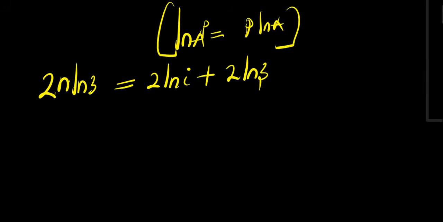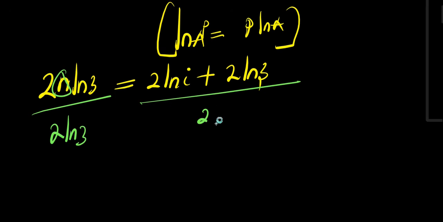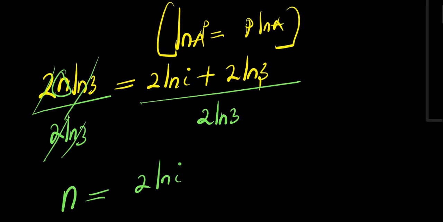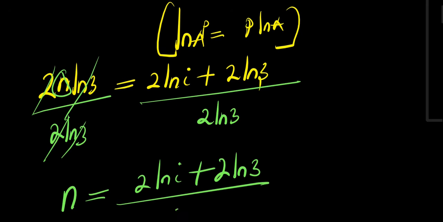Now what we are going to do is isolate n: divide this by 2 times natural log 3, divide this by 2 times natural log 3. Cancel this, we have n equals 2 times natural log i plus 2 times natural log 3, divided by 2 times natural log 3.